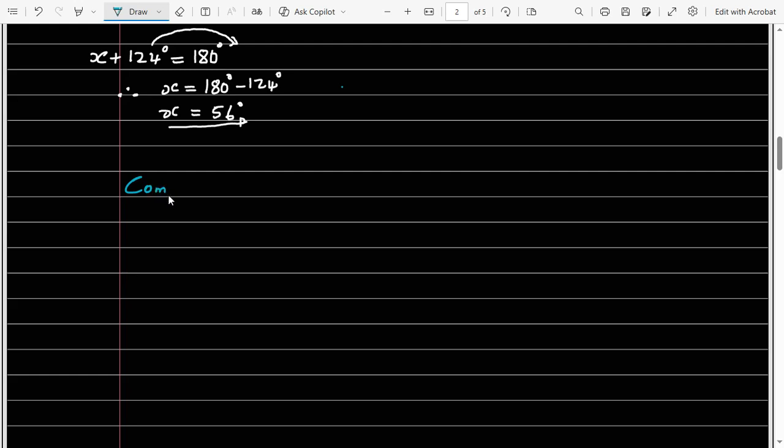So complementary angles are two angles that, when you add them, you get 90. They add up to 90 degrees.